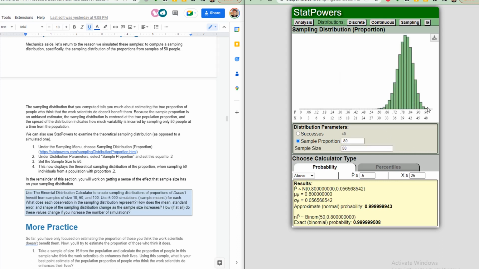Now what this is showing us is the theoretical probabilities for each of these values, the probability that we would get 100%, or you could think of it like 50 out of 50, 49, 48, 47, 46, 45. So there's a bar for each of these. X represents how many people out of the sample say I believe science helps, and p hat is just the sample proportion. So this is very similar to the chart that we saw before.